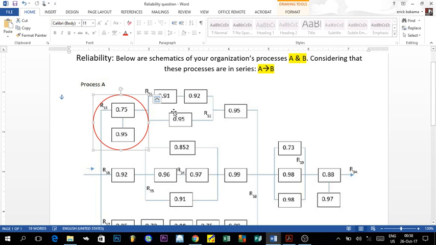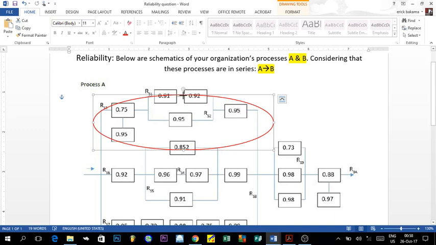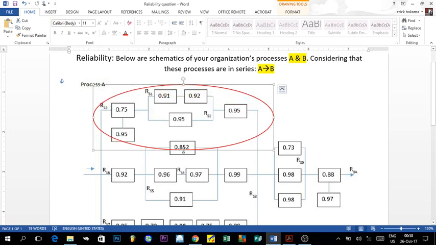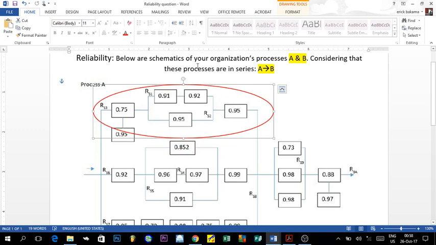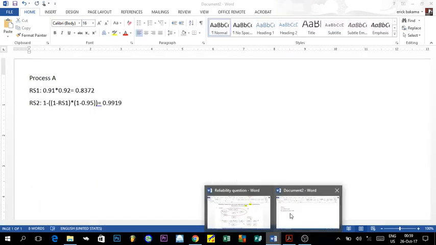Sorry, what am I saying? Errors3 is this whole part here that involves the first component with 0.75 with a backup of 0.95, then we have errors2, and then we have the 0.95. How do I know that is errors3? Because on this line we only have errors1 and errors2, which means errors3 will obviously be this whole line here.